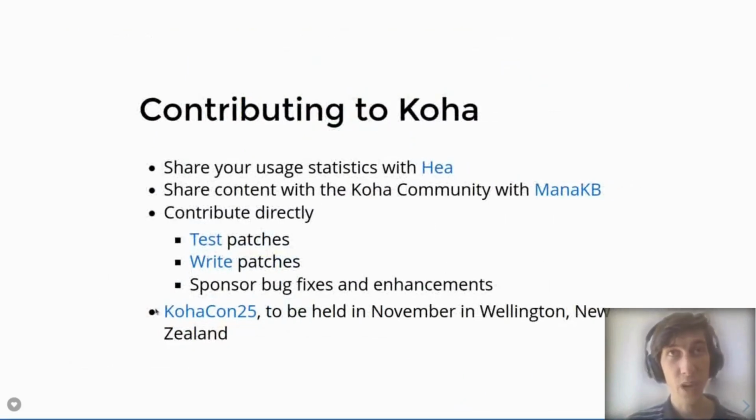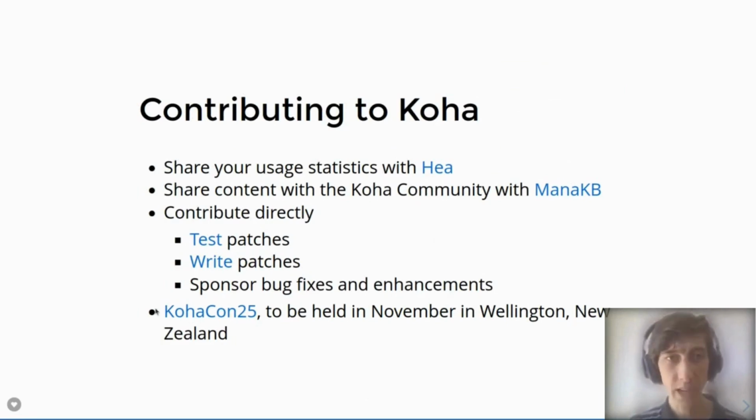You can do that by sharing usage statistics from your Koha library with something called Hea. Hea is an online database that the Koha community uses to see how Koha is being used. So what features are being used, and some of the anonymized statistics from your library about how you're using Koha.